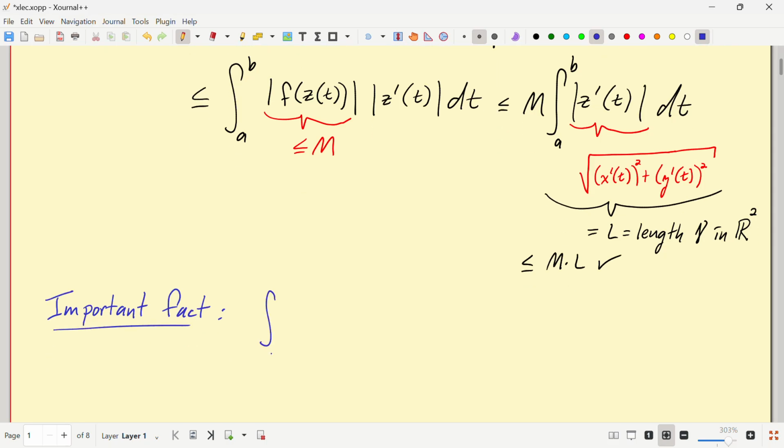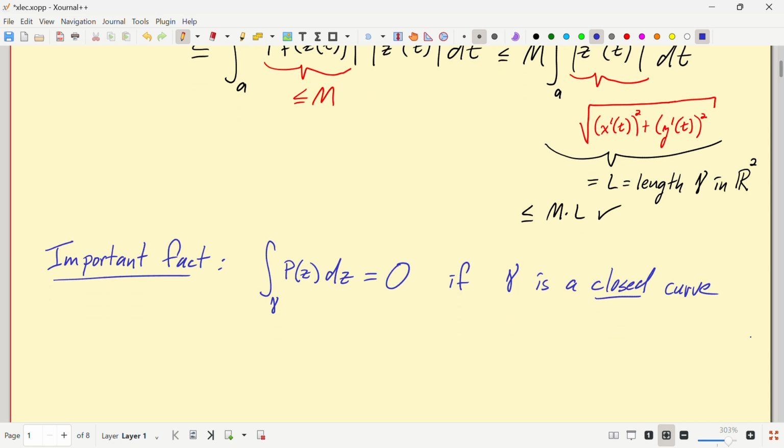The integral around a closed curve of a polynomial is 0. If gamma is a closed curve, needs to be closed, and p is a polynomial.